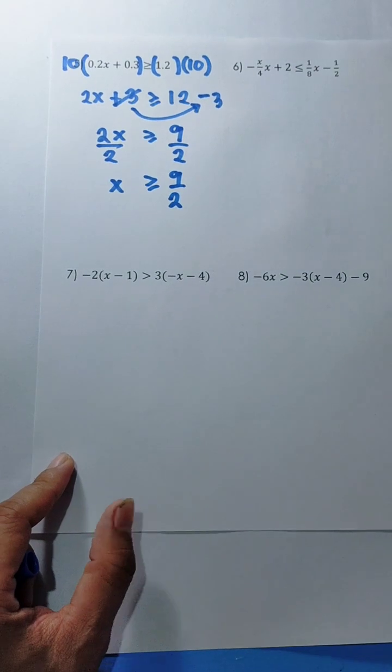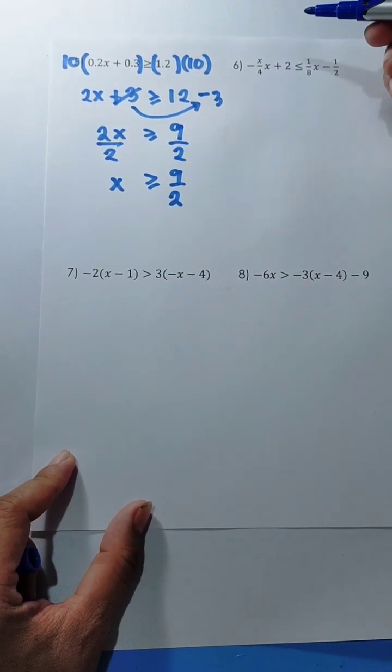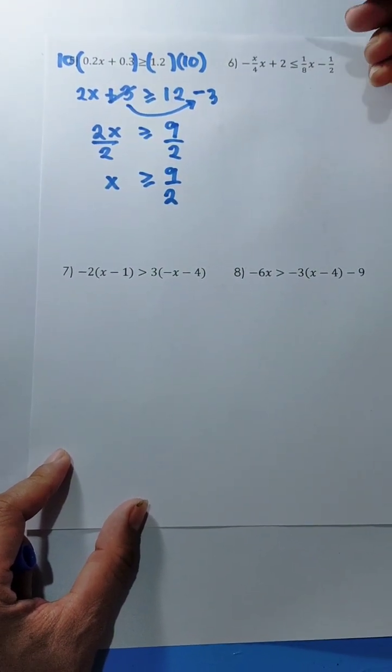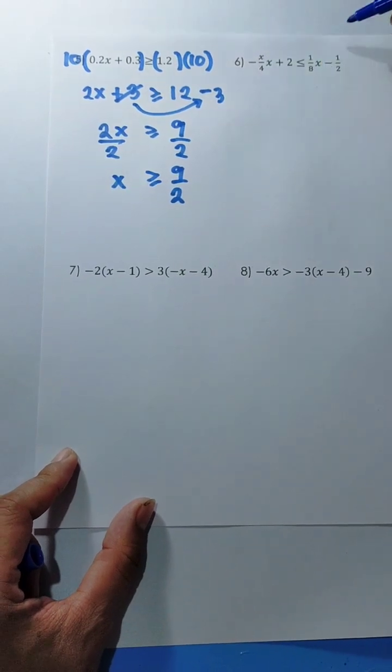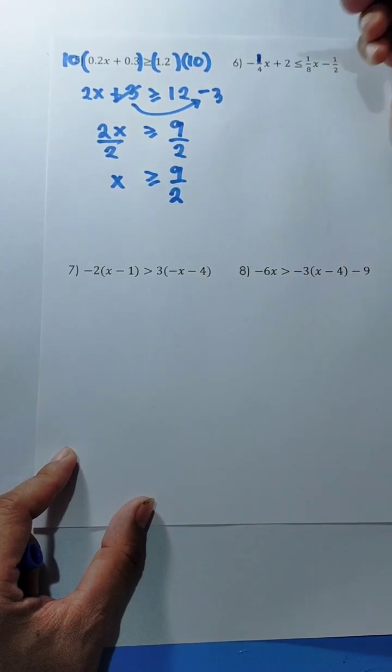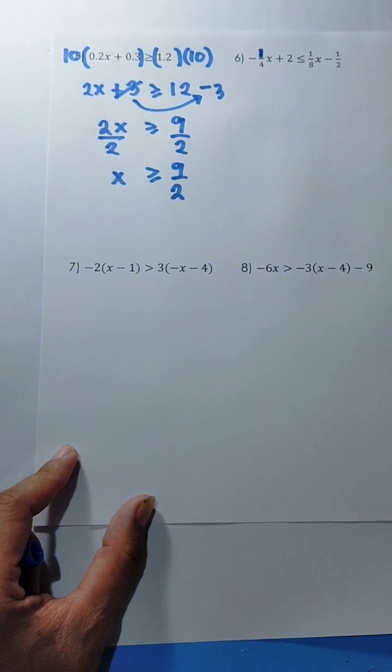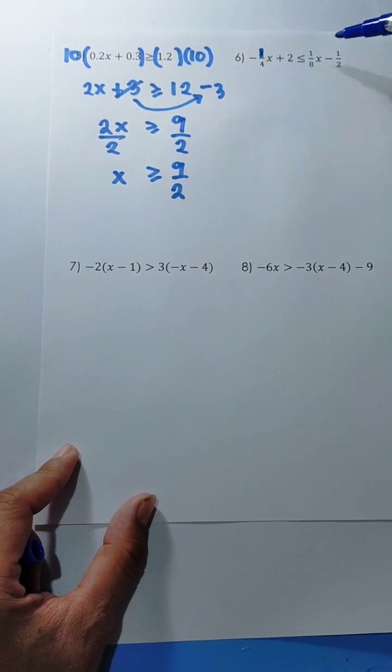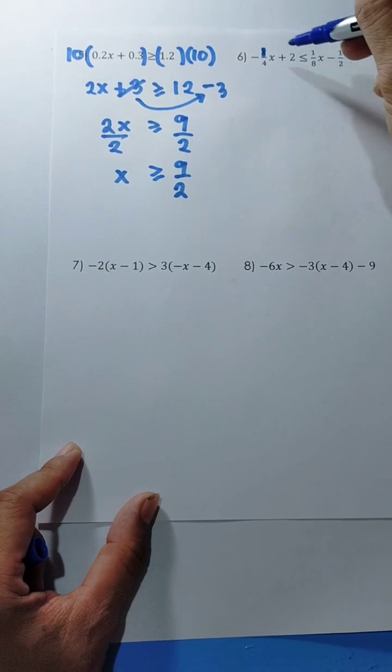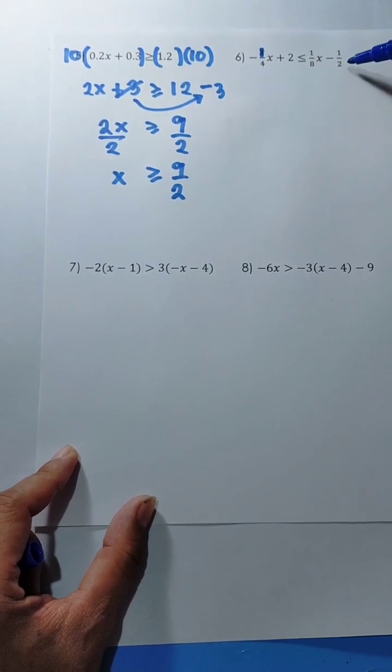All right. Next number, we have fractions in our coefficients and constants. Let's take that one. So make sure you know how to find the LCD of 4, 8, and 2.